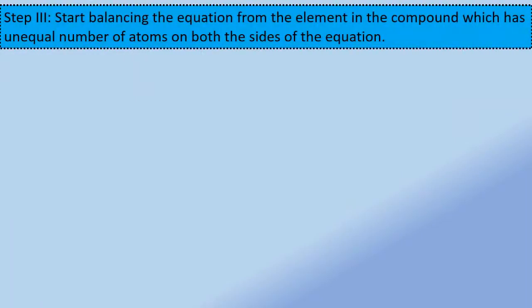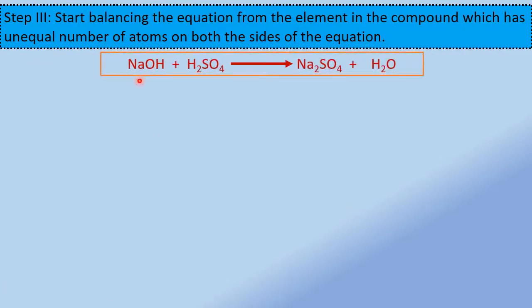Next step is to start balancing the chemical equation from the element in the compound which has unequal number of atoms on both the sides of the equation. We have the equation NaOH plus H2SO4 gives Na2SO4 plus H2O.